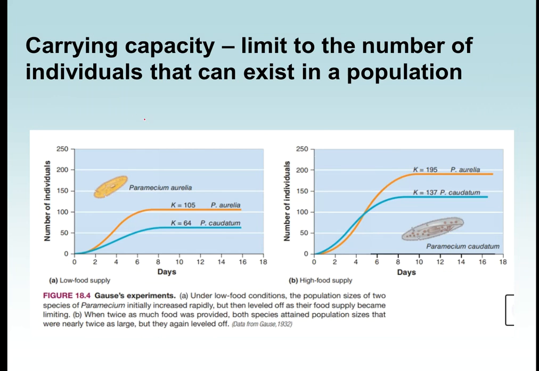Now, there's one more important concept for us to learn, and that's the notion of carrying capacity. What is this? It's the limit to the number of individuals that can exist in a population.